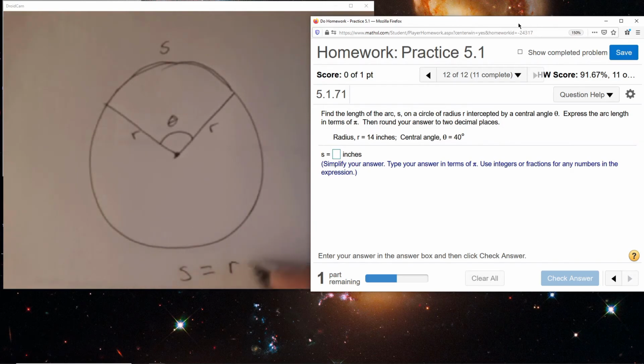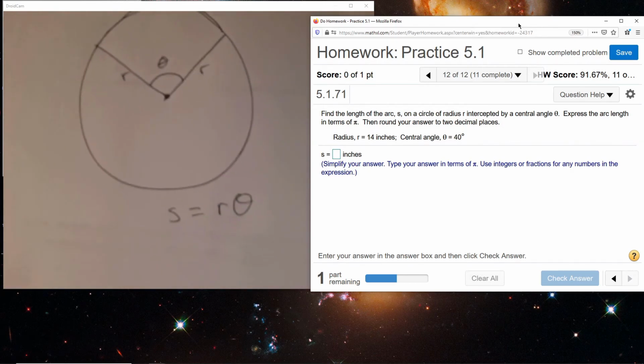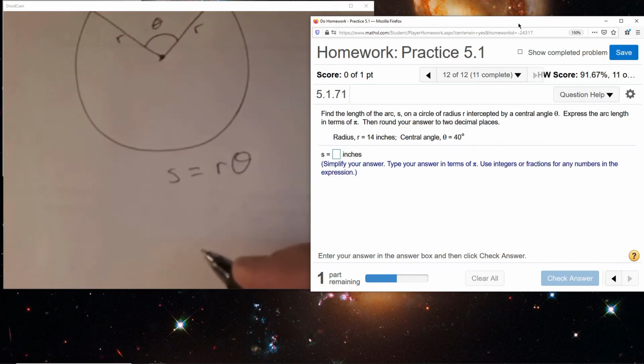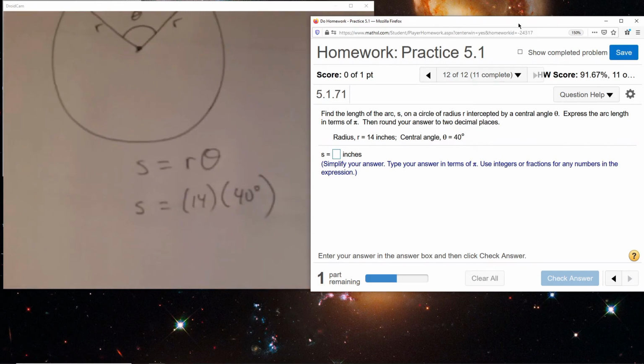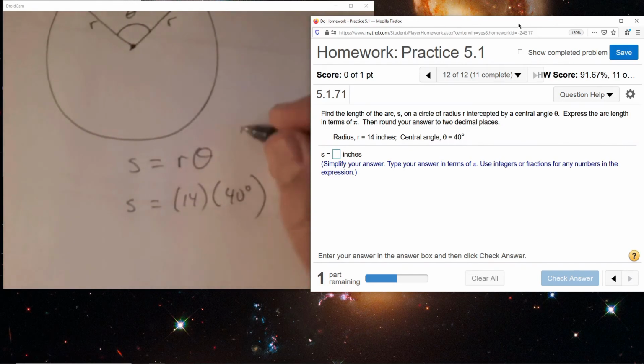Well, S is r times theta. And they're telling us that r is 14. And they're telling us the central angle is 40 degrees. Uh-oh. Can't have degrees in this formula.